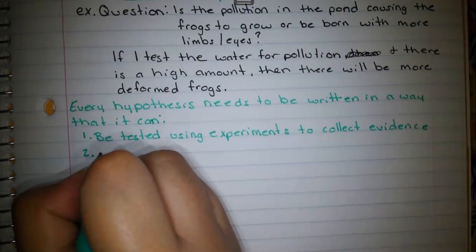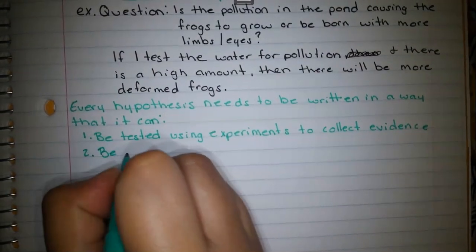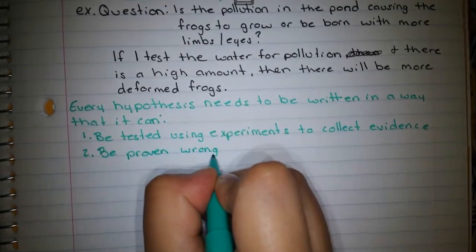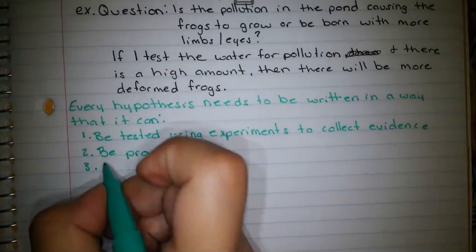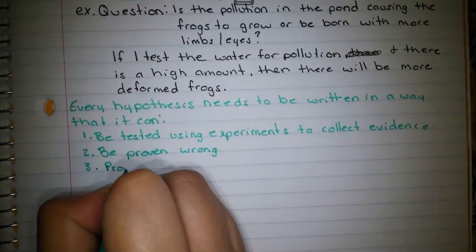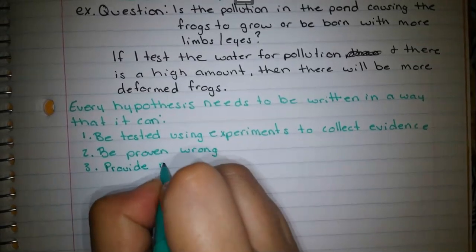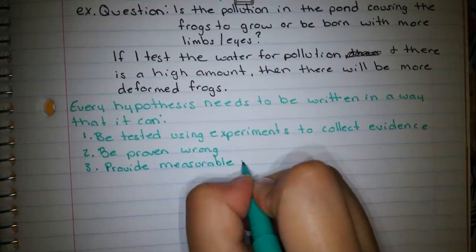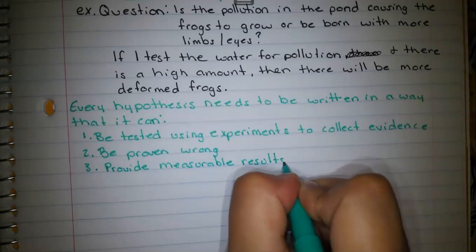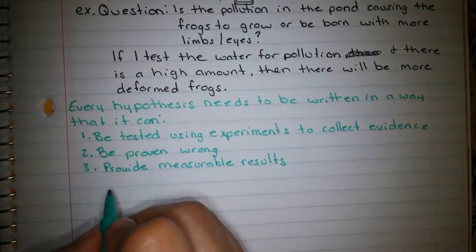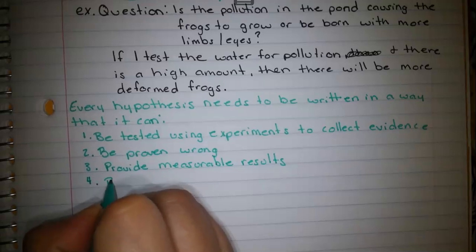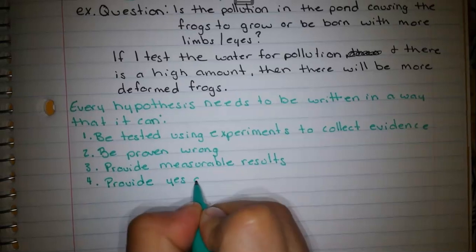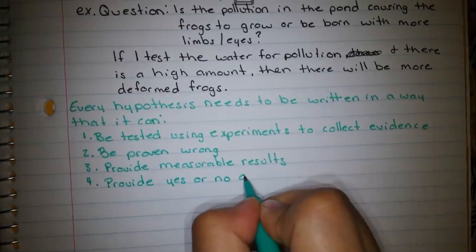Two, it must be able to be proven wrong. Three, provide measurable results. And four, provide yes or no answers.